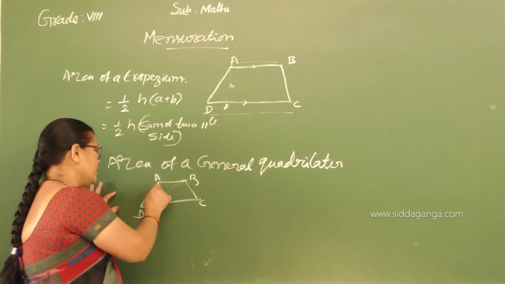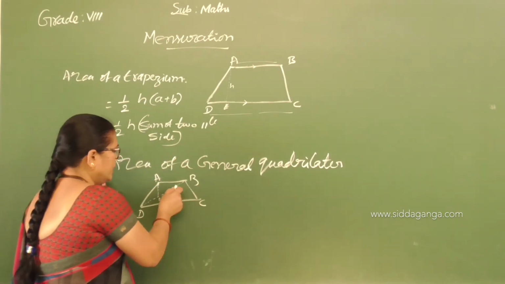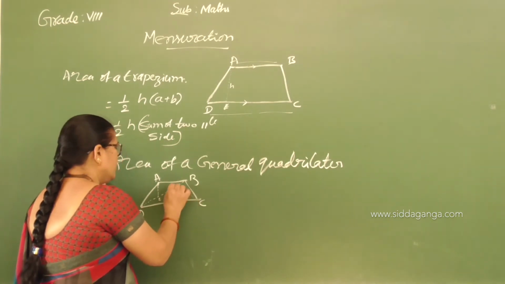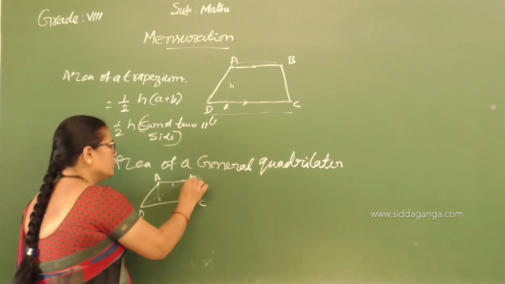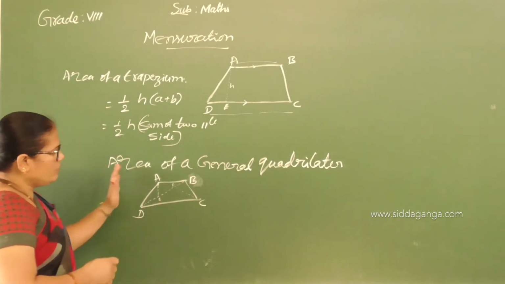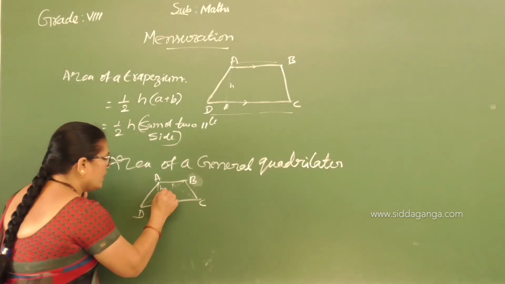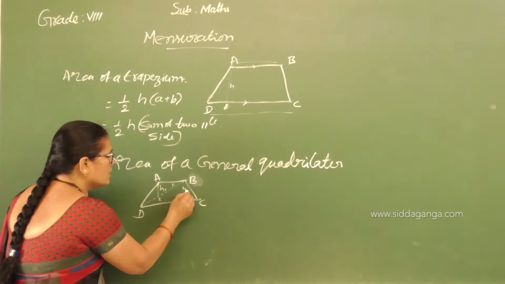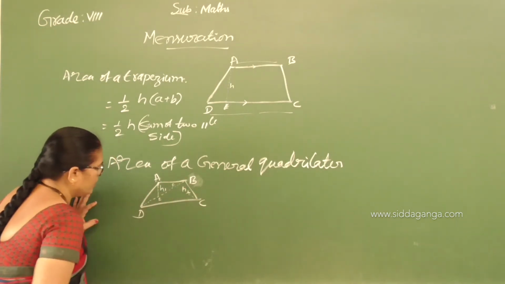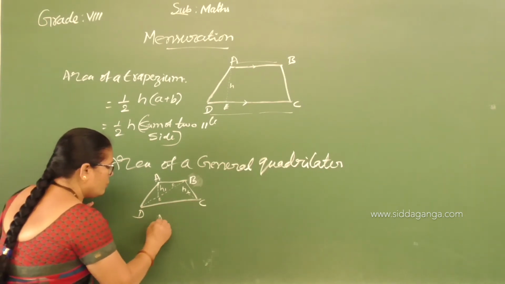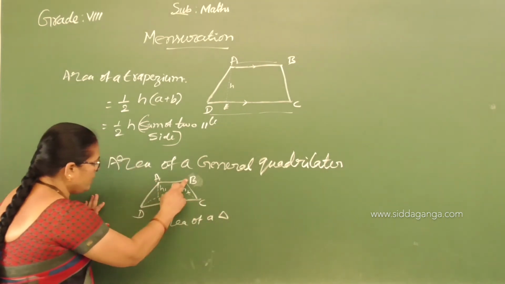I can take AE perpendicular to BD. Next, FC perpendicular to BD. I can take both perpendicular lines. Here this one is H1, this one is H2. So this quadrilateral is divided into two triangles.